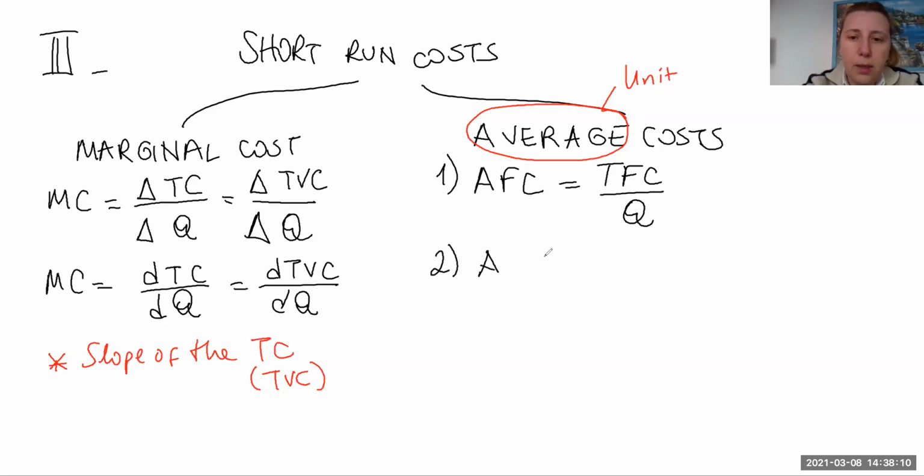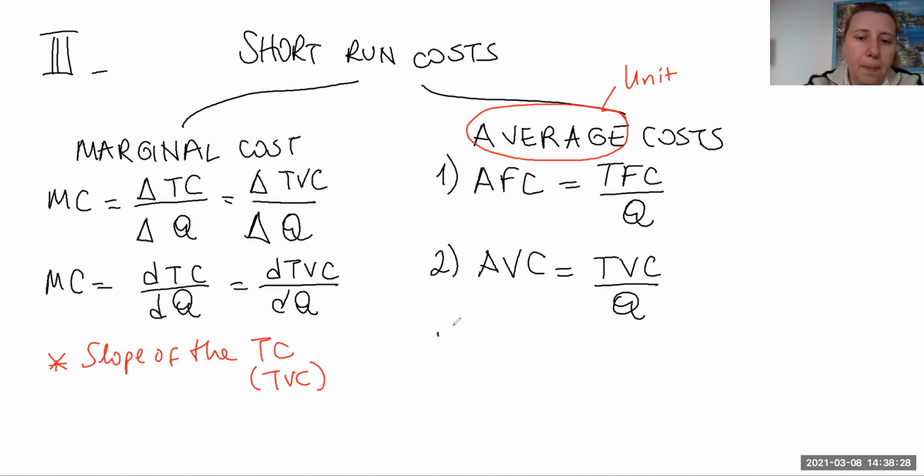The second one is the average variable cost. It is the ratio of total variable cost over the level of output, so it's the unit variable cost of production.